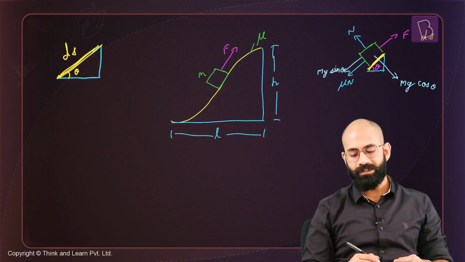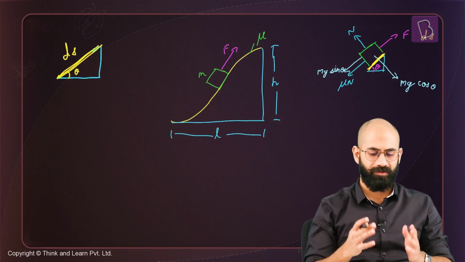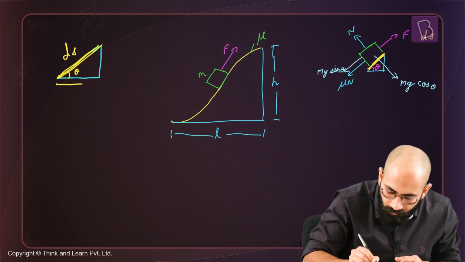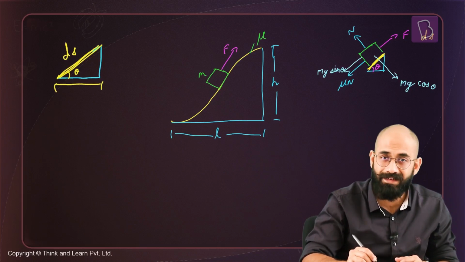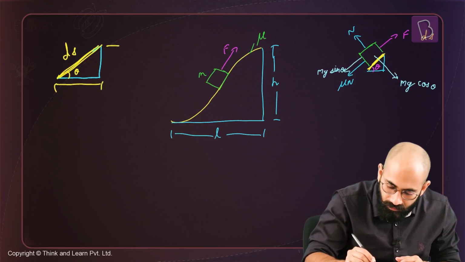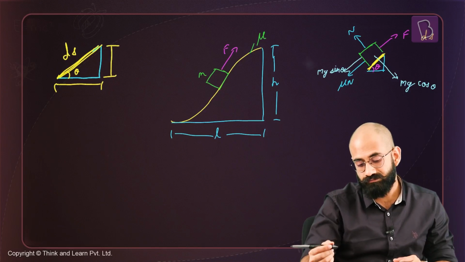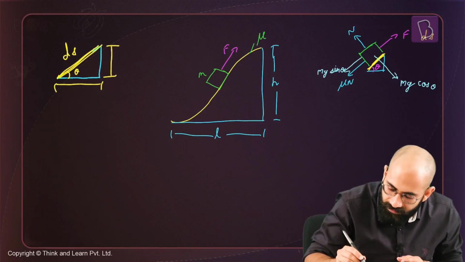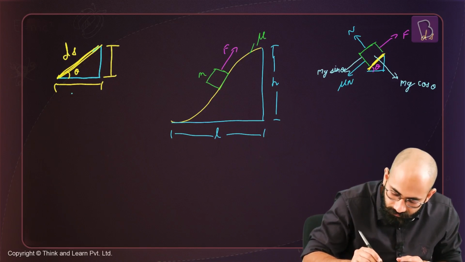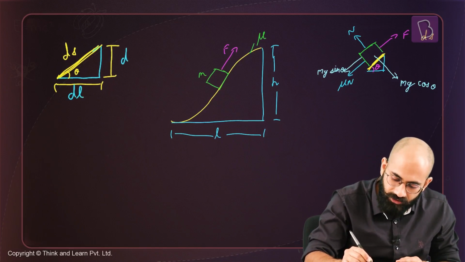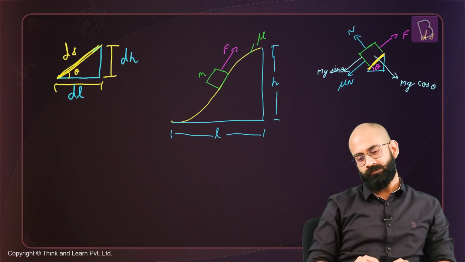Now, ds cos theta is going to be the base of this triangle, or this distance, right? And similarly, ds sin theta is going to be the height of this triangle, so this distance. We can also say that the base of this triangle is basically dl, and the height of this triangle is dh, correct?